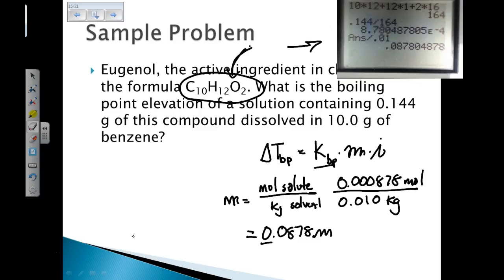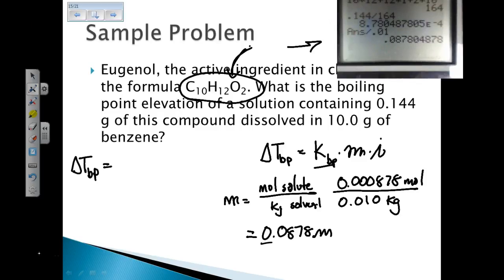So we have delta T boiling point, so that's the boiling point elevation, is equal to KBP. Now we need to look that up, and I went to my book and I found that the constant is plus 2.53. Times the molality, 0.0878, times the Van 't Hoff factor, 1.